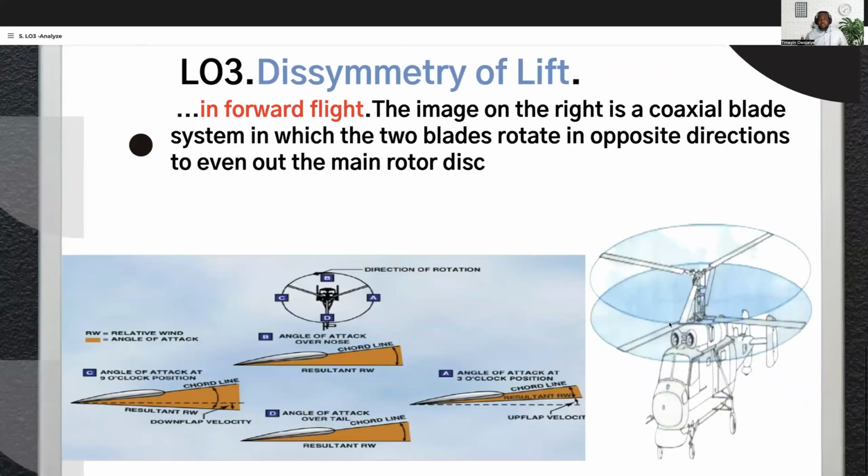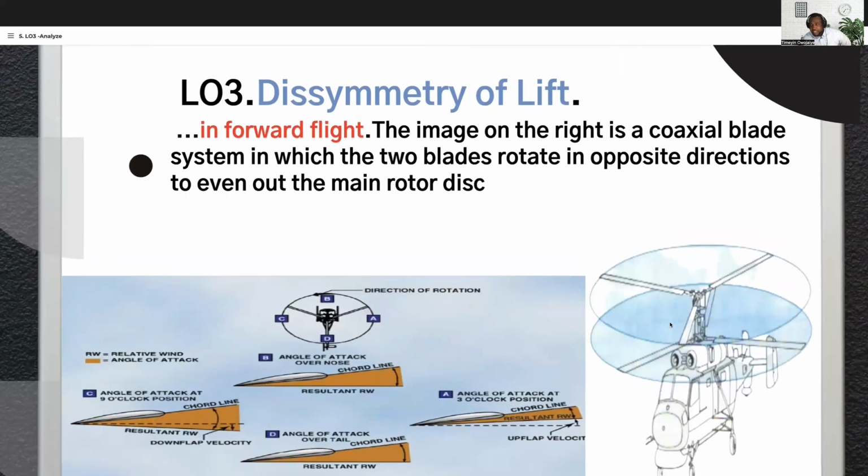This and other methods are used. This helicopter image on the right here is known as a coaxial blade system, in which the two blades rotate in opposite directions.